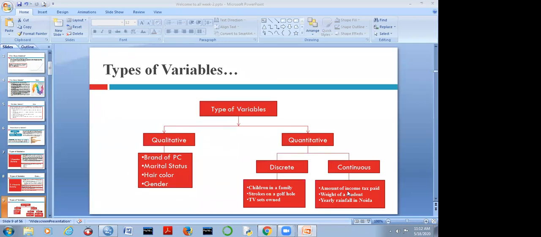That is a continuous series. Weight of the student. My weight is 75.2, isn't it?